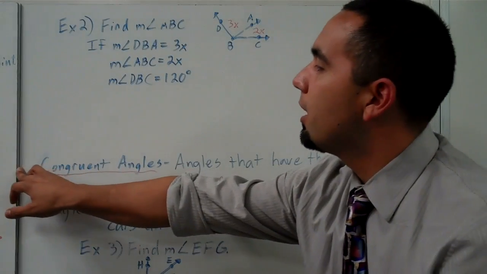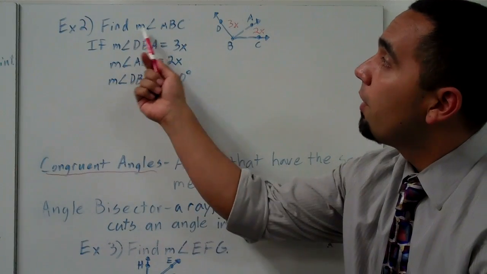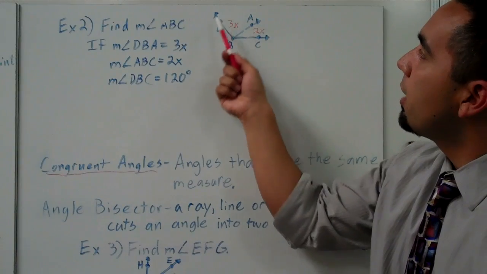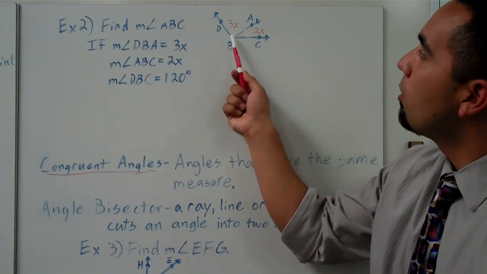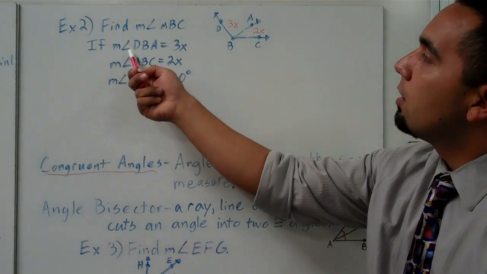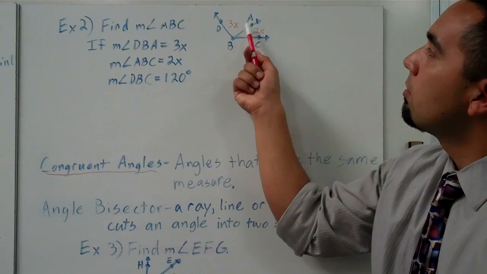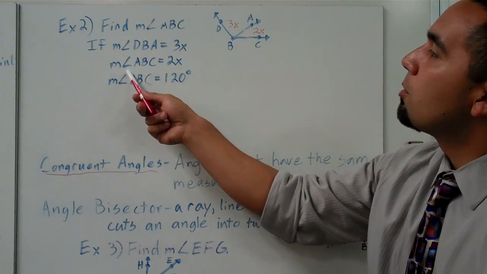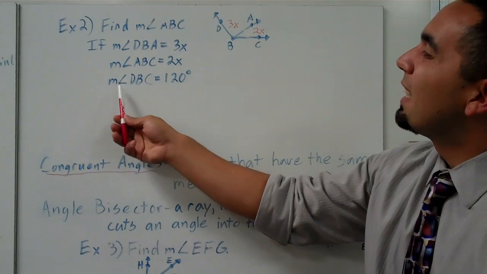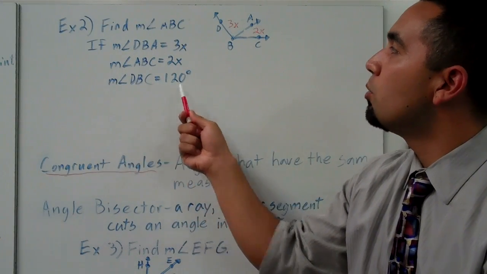The problems aren't going to be that easy, though. They are going to involve algebra. So let's take a look at this problem. It says find the measurement of angle ABC. First off, I'm going to look at the diagram and find my angle. We want to know the measurement of this small angle right here. It says the measurement of DBA equals 3x, this angle here, and the measurement of angle ABC equals 2x. The piece that's going to give it away is this one right here, which says the measurement of DBC equals 120.